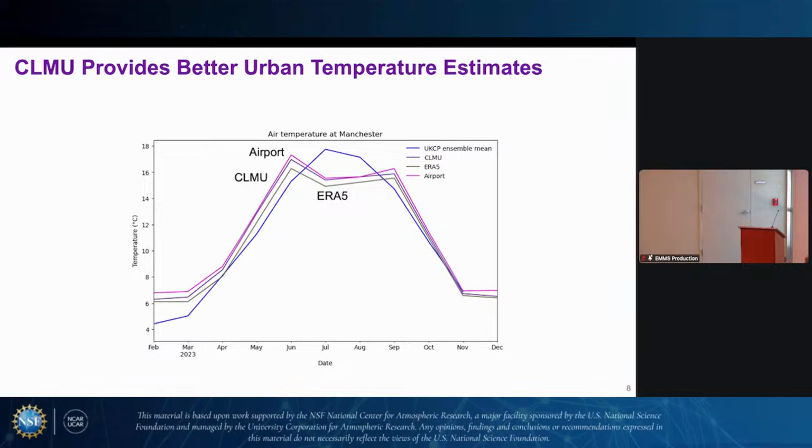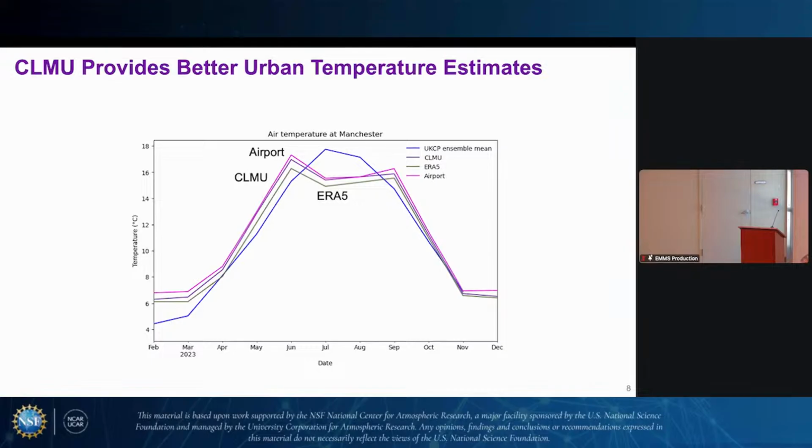Actually, I don't know. I think most of the bias may come from ERA5. They don't include the urban processes, or maybe something else, because airport observational data only represents a point, but ERA5 represents a region.